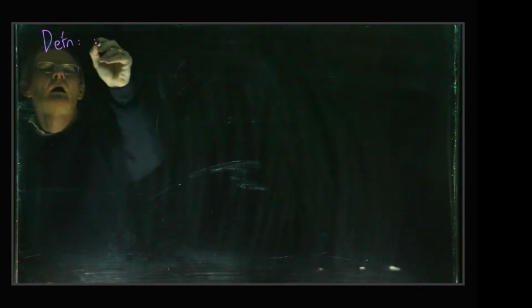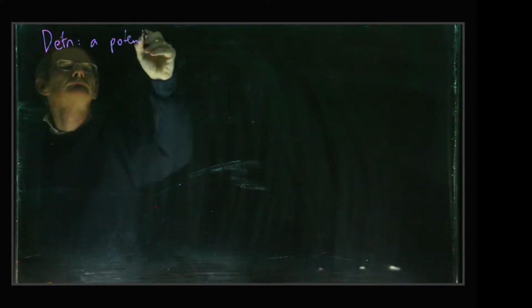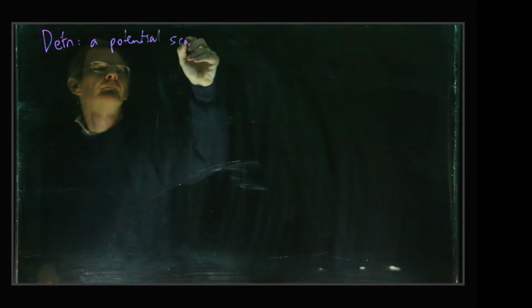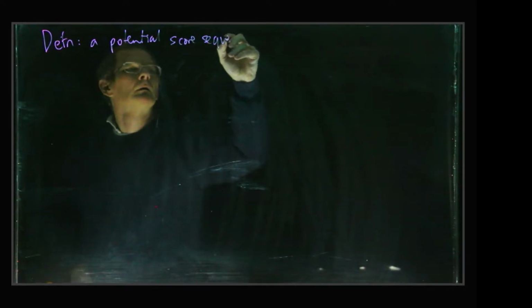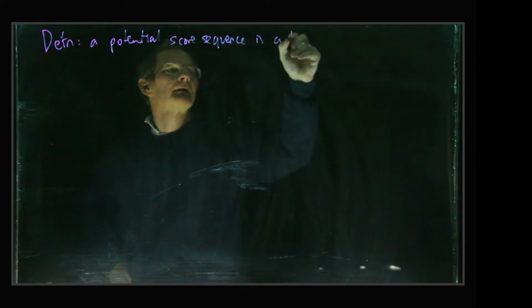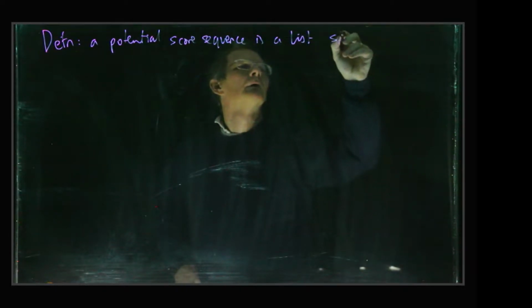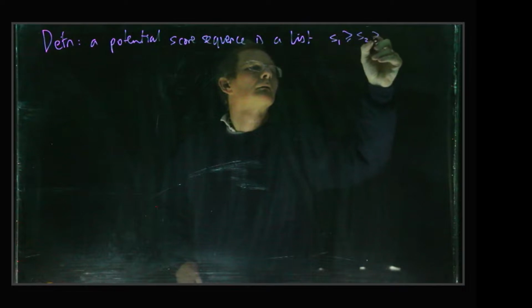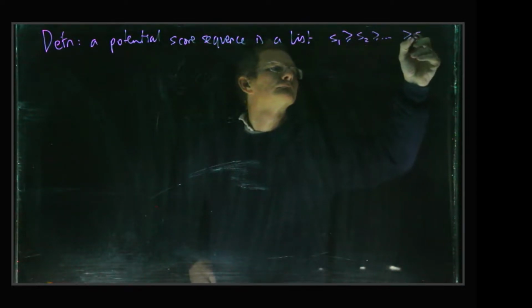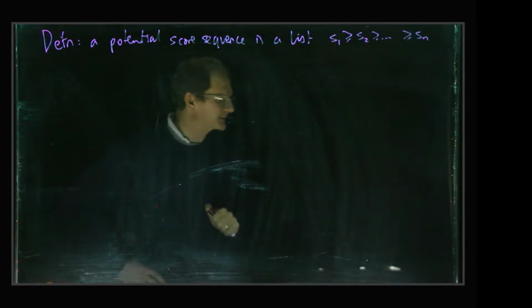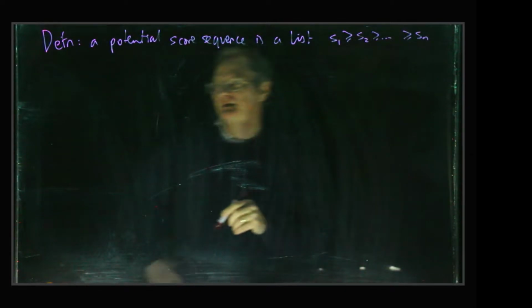Okay, so now suppose we've got a potential score sequence. So what do I mean by that? A potential score sequence is a list, say S1 up to Sn, of non-negative integers in descending order.